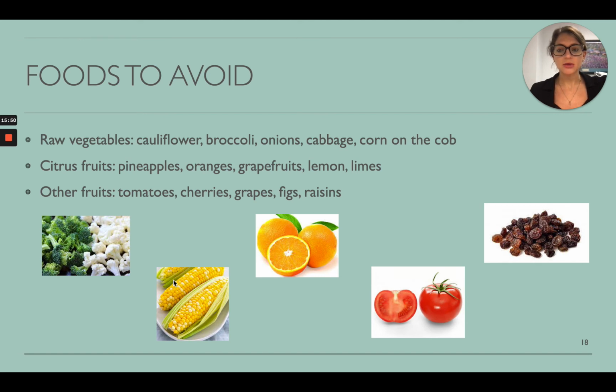And then some other items, tomatoes, cherries, grapes, figs, and raisins. So tomatoes are going to be, again, a little bit higher in acid. Same thing with the fruits here. And so we want to avoid those for now. And then cherries and grapes, figs and raisins, a little bit more difficult to digest than some of your other fruits, such as bananas and applesauce.